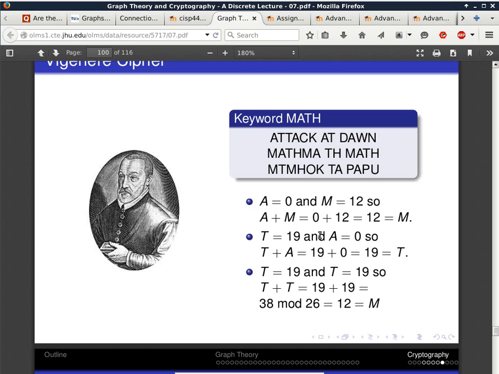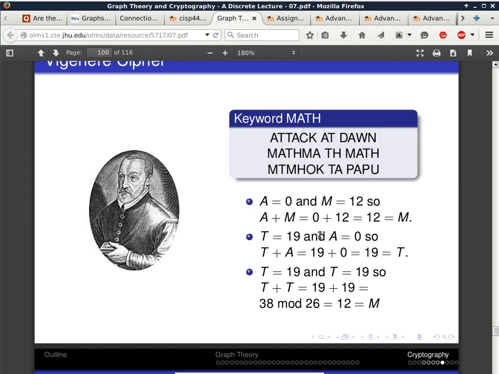The way you encrypt the original text is you pair up the letters of the original text with one of the letters of the repeating M-A-T-H, and then we do modulo arithmetic. In this case, there's a modulo arithmetic to wrap it back to the original text space, which is 26, and that's how it works. Okay?